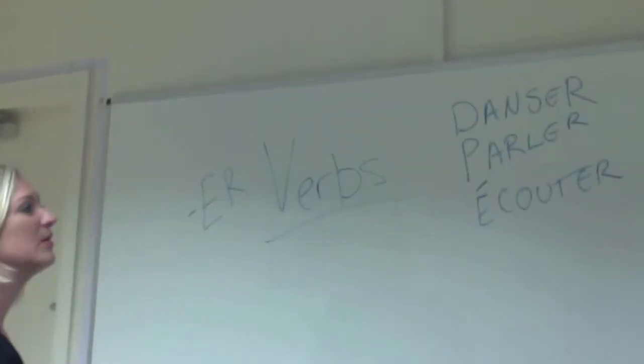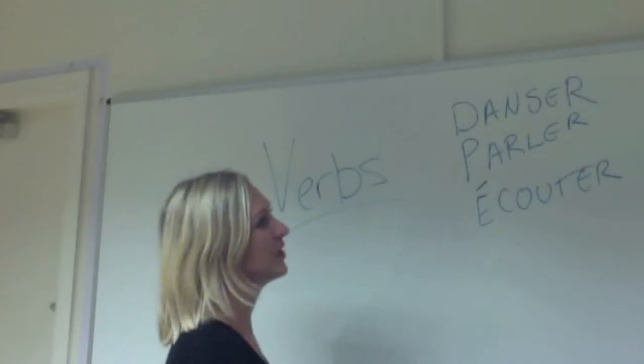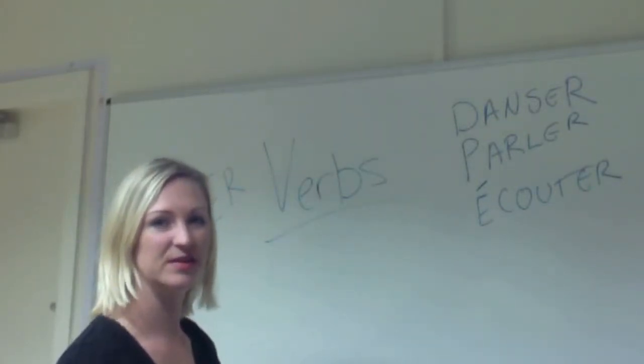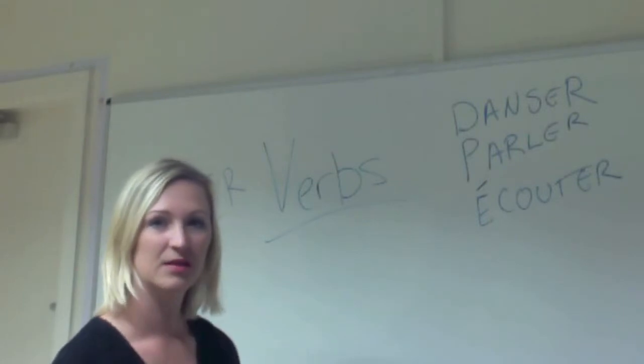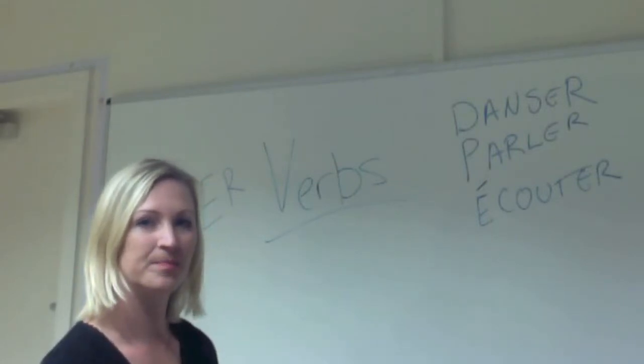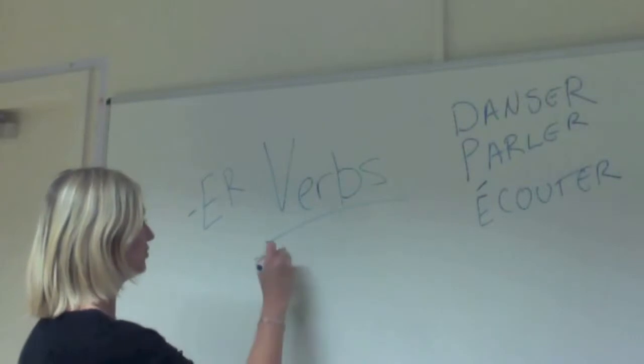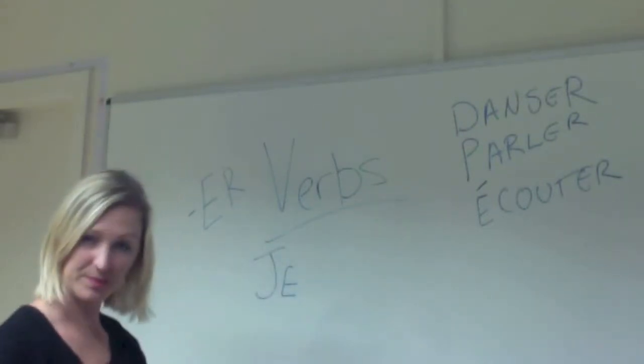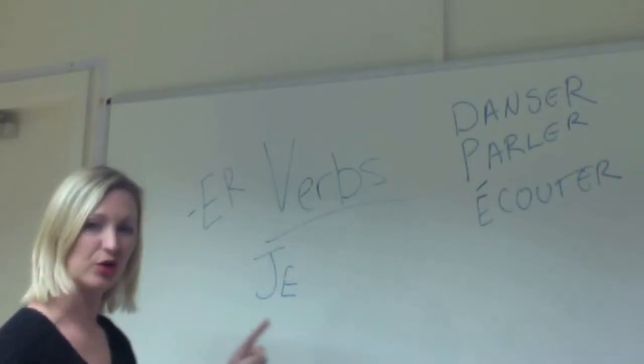Ready to now match this to the person. If you want to say I dance, you need to find the word for I. What's the word for I in French? Je. Je m'appelle, je suis, je.